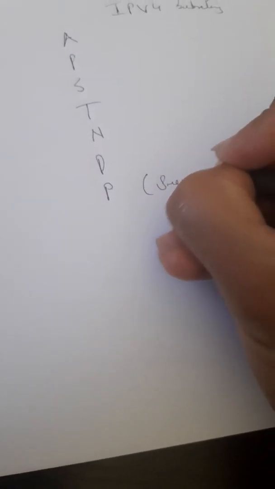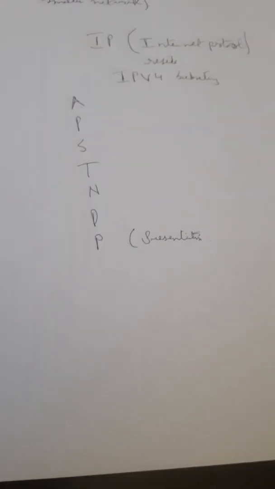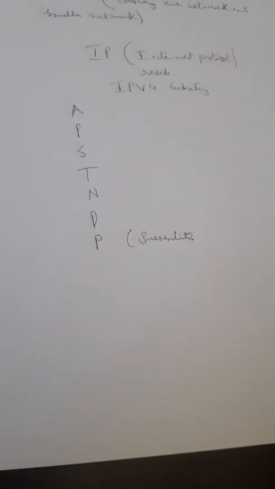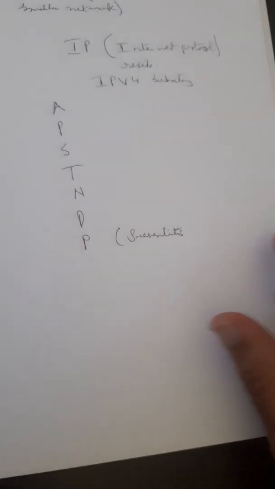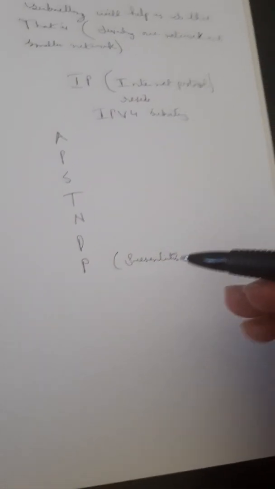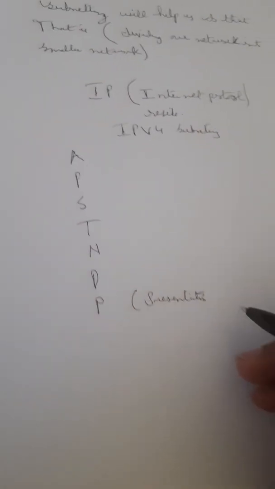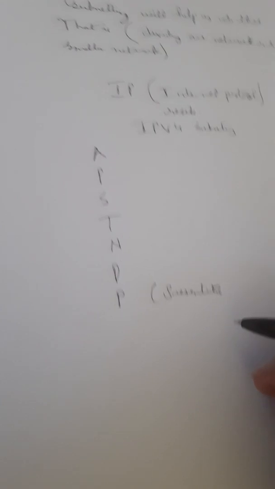I'm actually doing the OSI model, one of the oldest and unique network models used in the computing world. We will look at the TCP/IP model, but not at the moment.